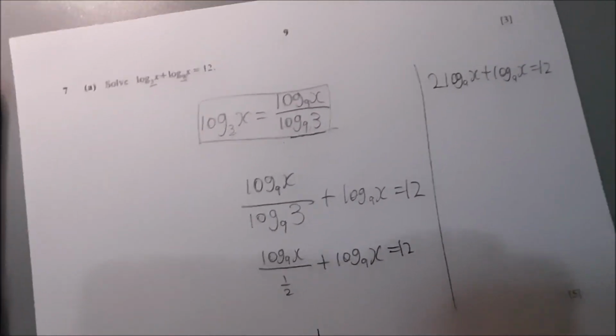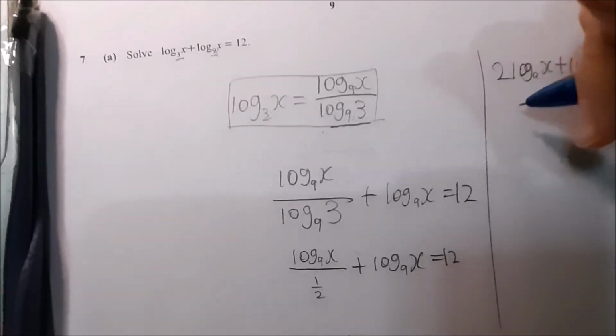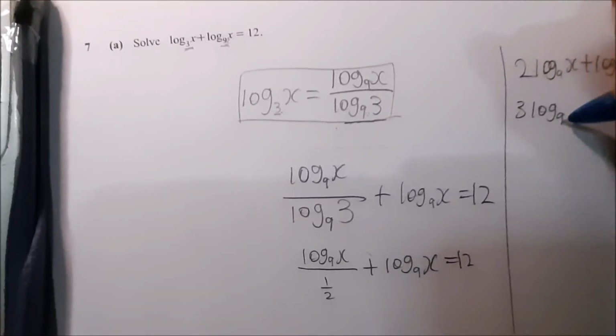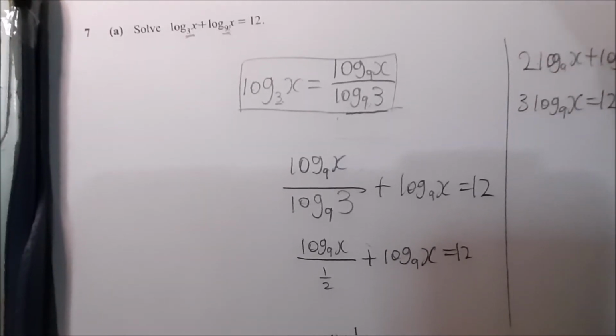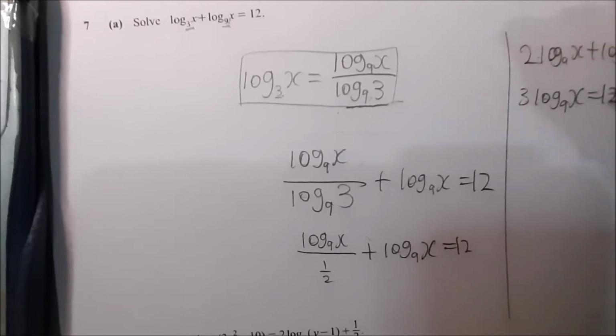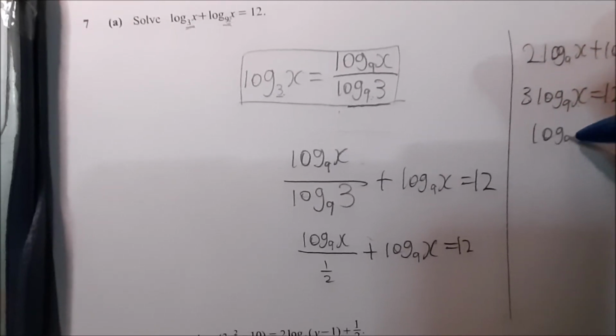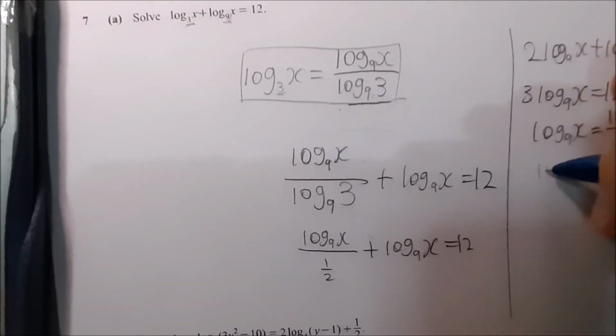And then from here, I can add these two together. So 2 plus 1 is 3 log 9x equals to 12. And I can move the 3 over to the right side, as right now this is 3 times log 9x, so I can do log 9x equals to 12 divided by 3.